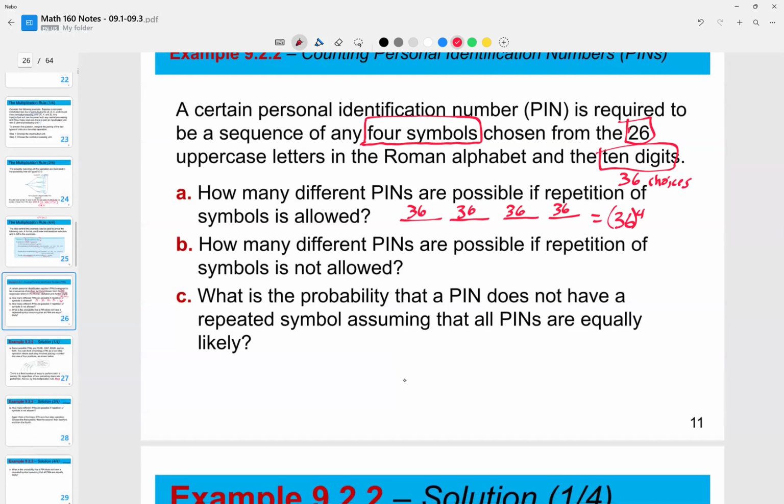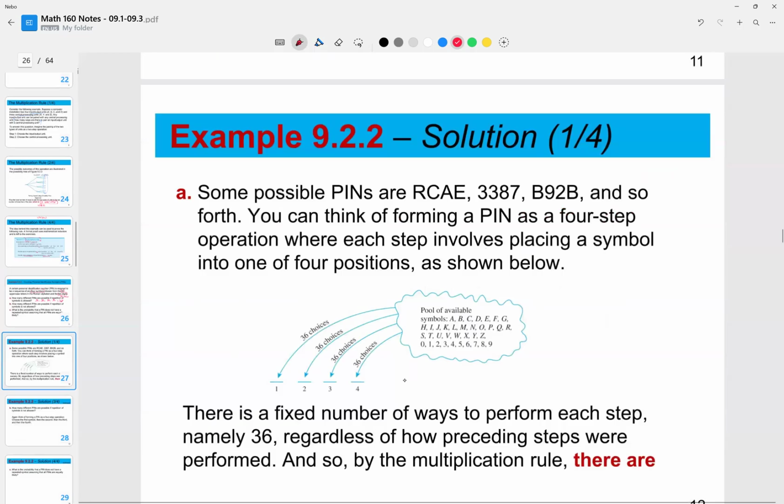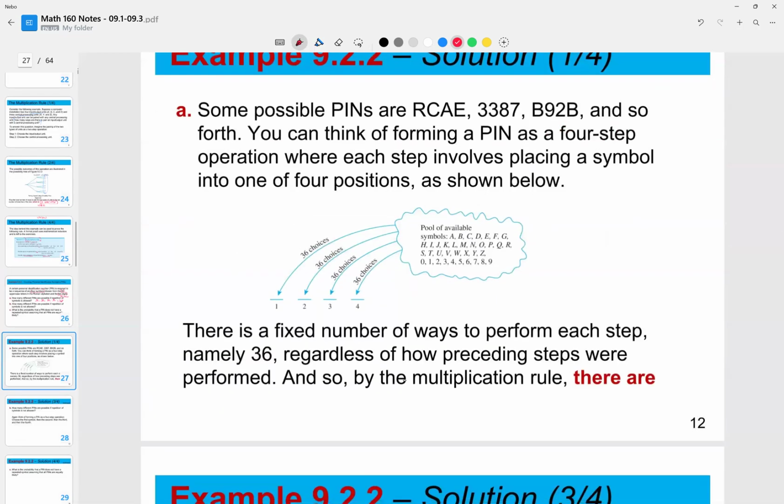Again, I just have 36 choices in each box, so the total number would be 36 raised to the fourth, which is going to equal 1,679,616. So lots of pins when you only have a four-digit thing, which is pretty cool.